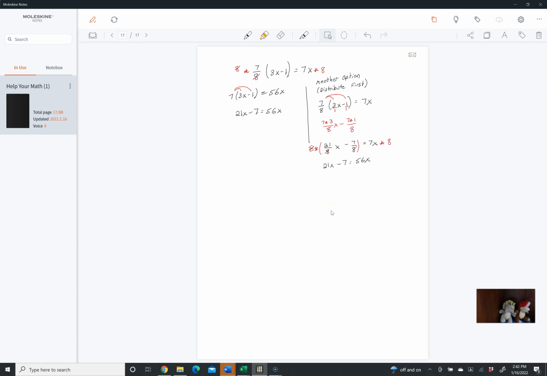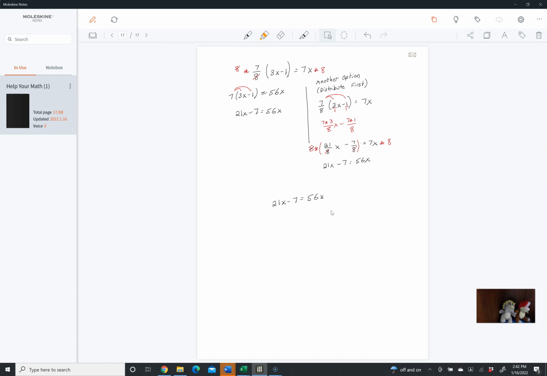So at this point, we have a linear equation where we need to solve for x. We don't have any fractions anymore. So we still need to get the x's on one side and the constants on the other.